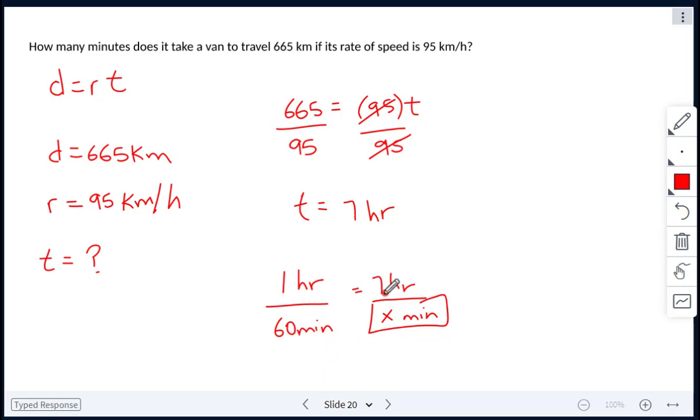X is 60 times 7 divided by 1. X is just going to be 420 minutes. All right, so lastly would just be your sentence. How many minutes does it take? Your answer should say the van would take 420 minutes.